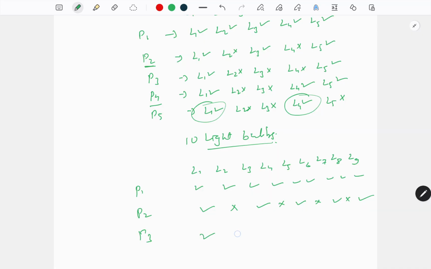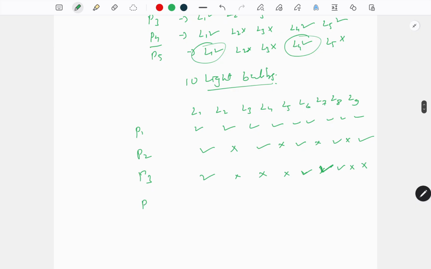P3 comes and turns off some light bulbs and turns on others, including turning off L9. Now P4 comes and toggles its multiples. Then P5 comes and toggles its multiples.